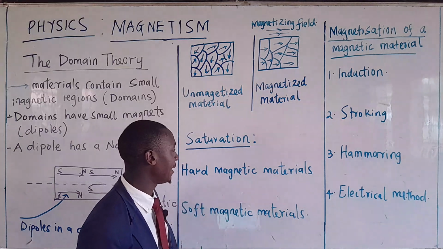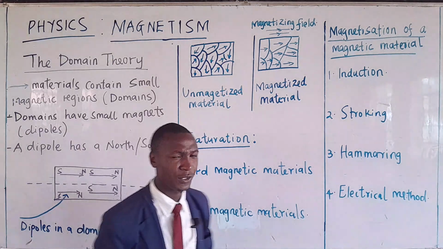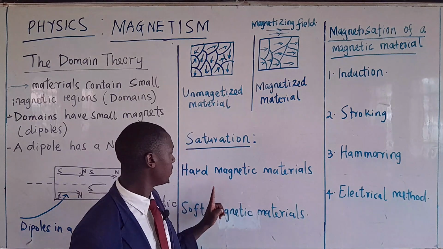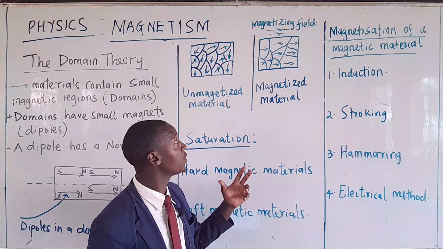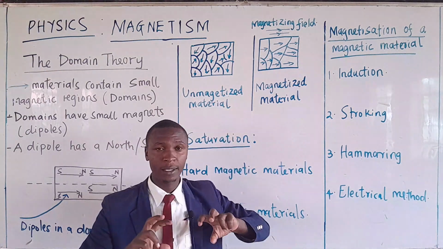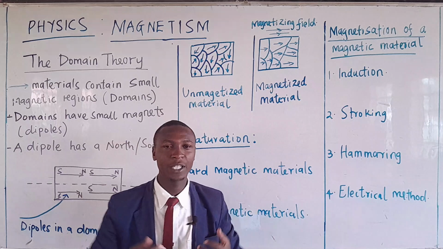Now, we also have hard and soft magnetic materials. Hard magnetic materials are hard to magnetize. The dipoles of the hard magnetic materials are very hard to align.